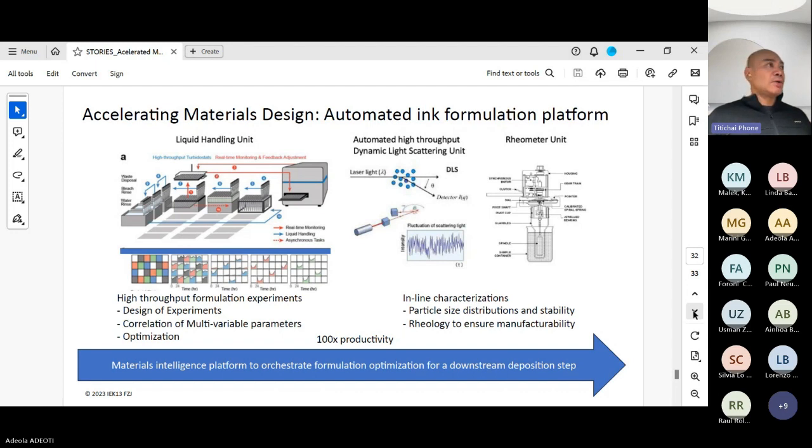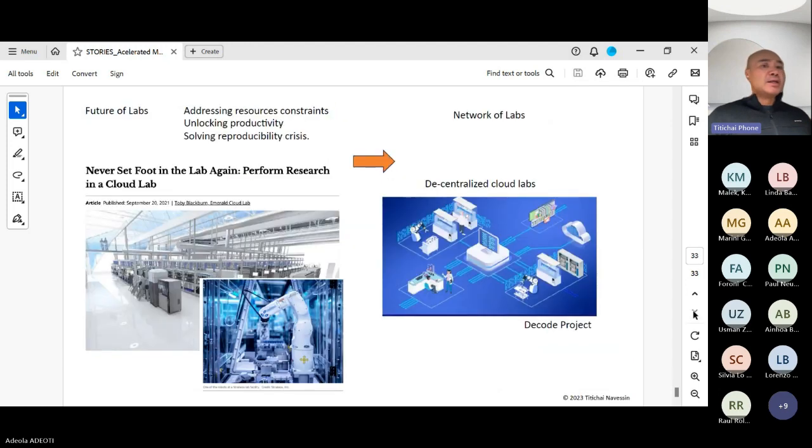So the slide that shows future of labs in the next slide, on the left, you can see that there's some concept of future of labs where everything is fully automated and you basically send in the jobs and so on.